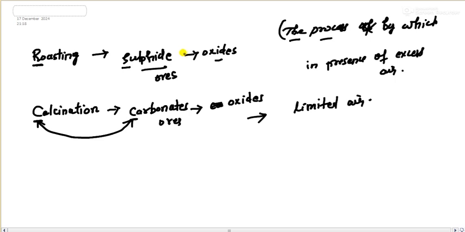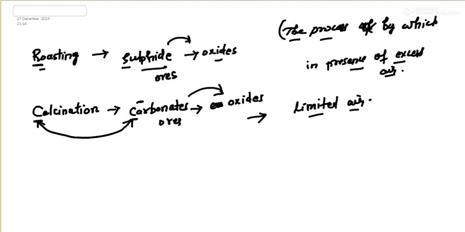Have you understood? Try to remember it this way: calcination for carbonate and roasting for sulfide. Both of them are converted into oxides. Roasting is in the presence of excess air, calcination in the presence of limited air.